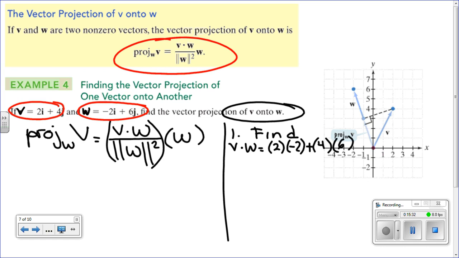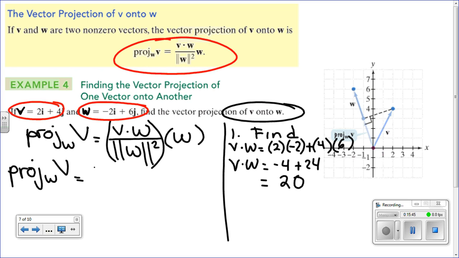The dot product is negative 4 plus 24, which is equal to 20.